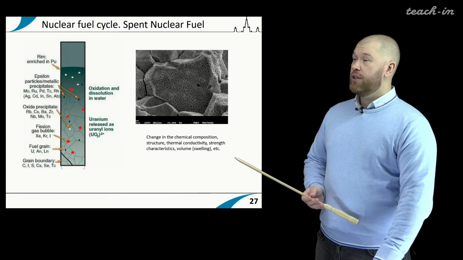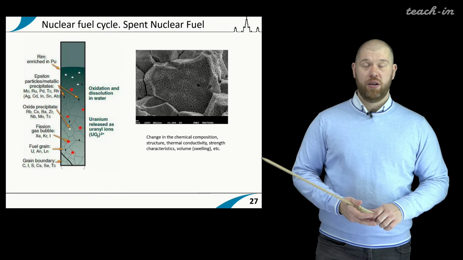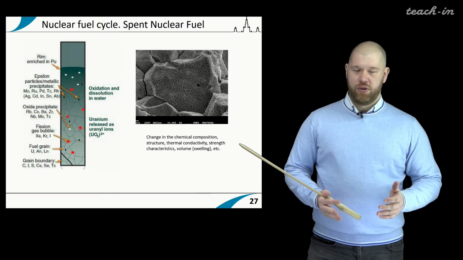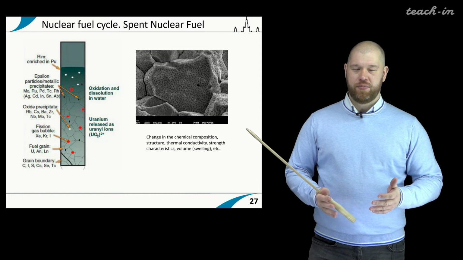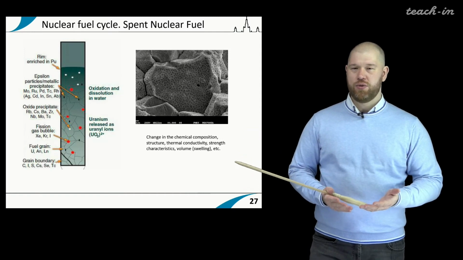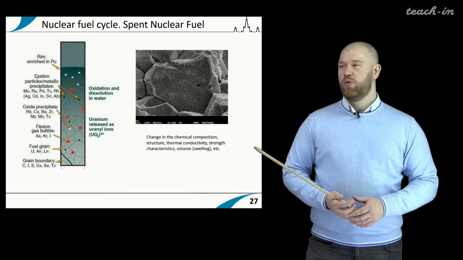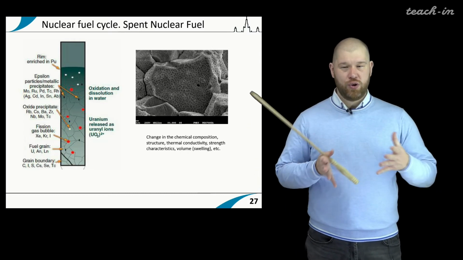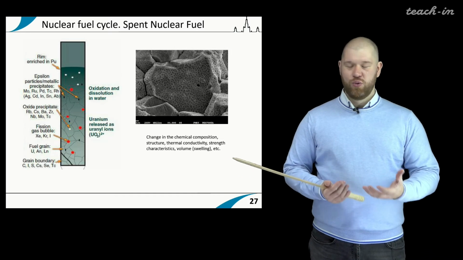And what is happening with nuclear fuel inside the reactor? A lot of things are happening there. First of all, as the nuclear energy is produced due to the fission of uranium, that means that we produce a lot of new elements, new for the fuel.